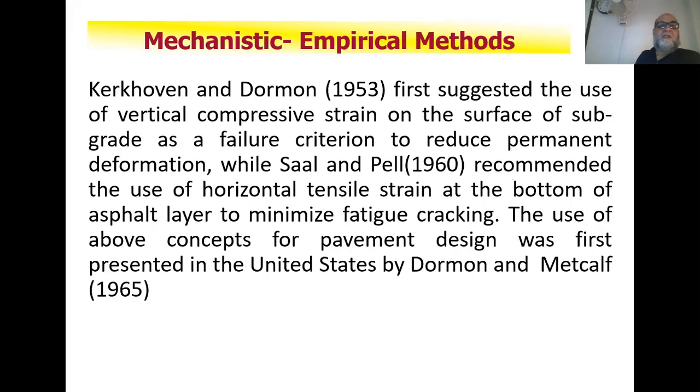Use of vertical compressive strain of the surface or subgrade is a failure criterion due to permanent deformation, while some other scientists recommend use of horizontal tensile strain, that I was talking about in the earlier part of this lecture. The use of this concept for pavement design was first presented in the United States by Dormon and Metcalf, 1965.